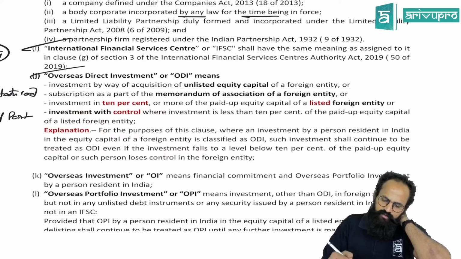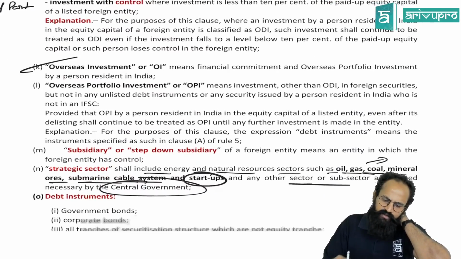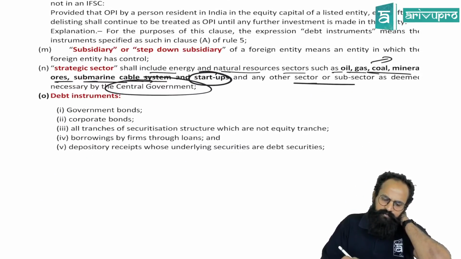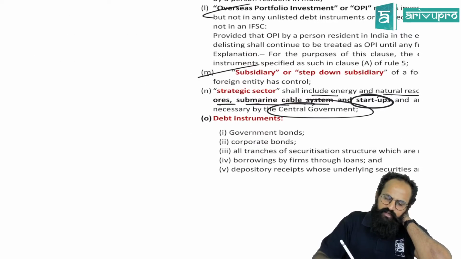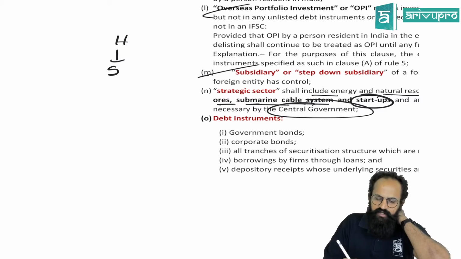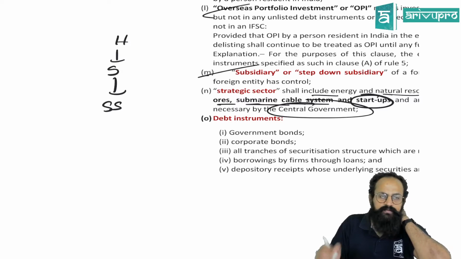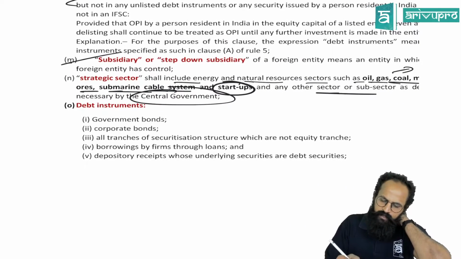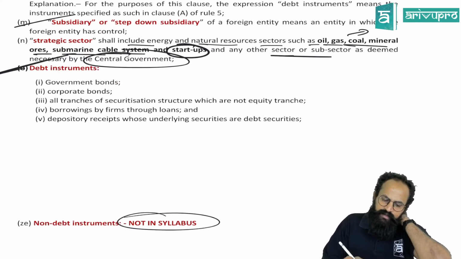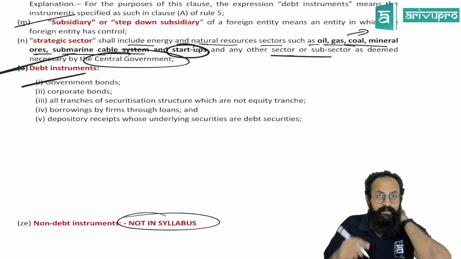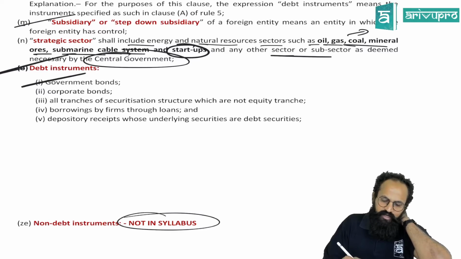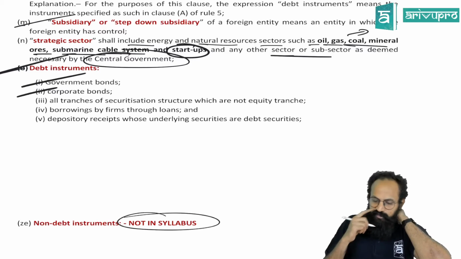IFSC we saw, ODI we saw, OA we saw, OPI we saw, subsidiary or step down subsidiary. A holding company has a subsidiary company. This is called a subsidiary. Step down subsidiary means this. Understood? Okay. Debt instruments means government bonds. Government bonds are called debt instruments. Corporate bonds are called debt instruments.